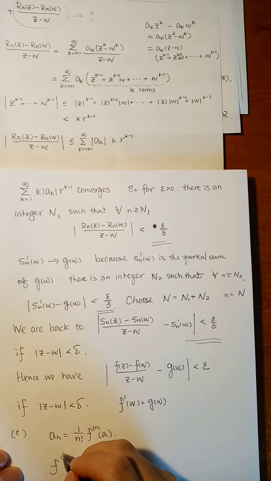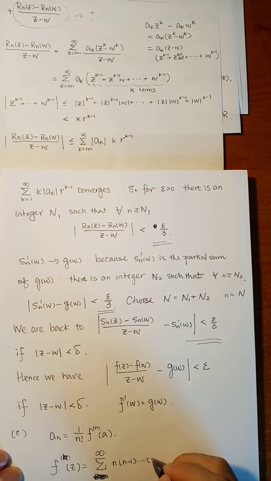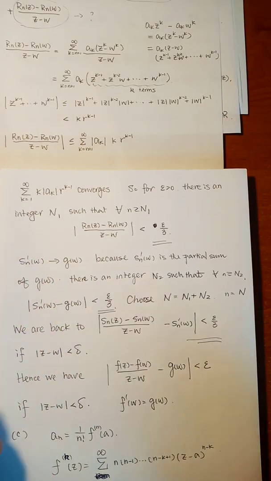The kth derivative. That's why I feel confused. It is a sum of terms with n, n minus 1, up to n minus k plus 1, times z minus a to the power n minus k. So this is the derivative.